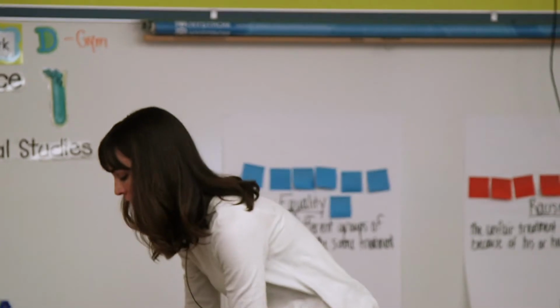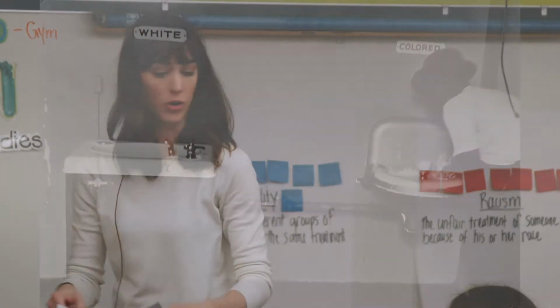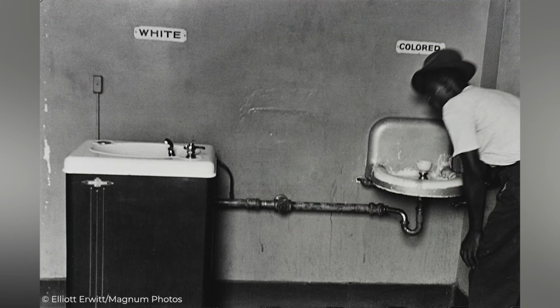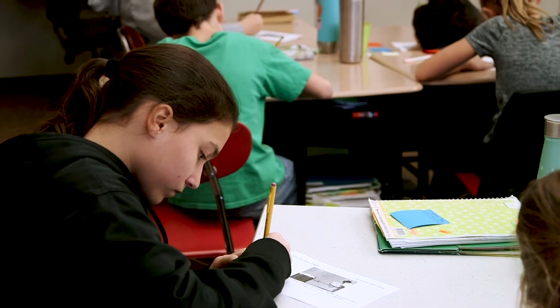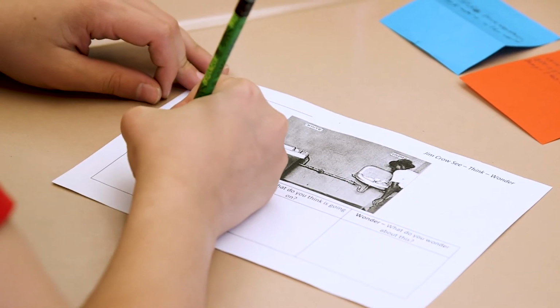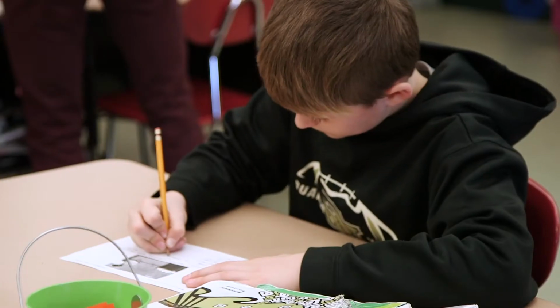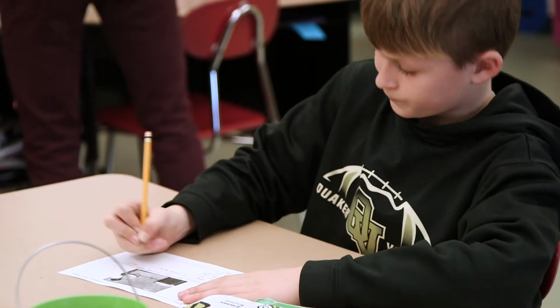I want you to start your exploration looking at a photograph. We're going to do a little see, think, wonder about what's happening in this photograph. And I'd like you to be as specific as you can about the things that you see, okay? You're just noticing what is in this photograph, in the see column.